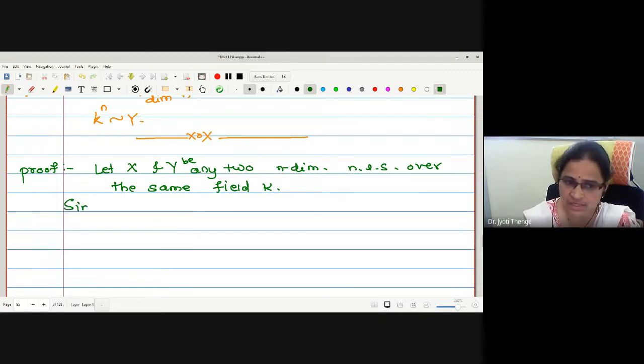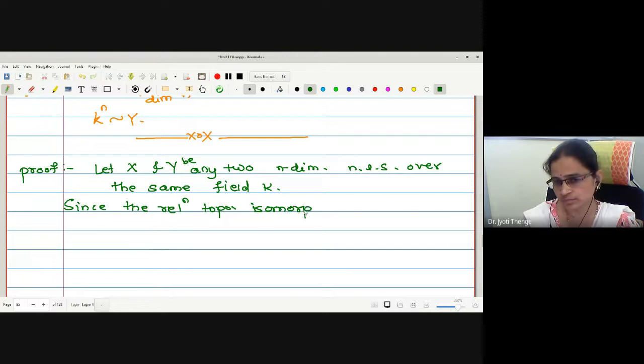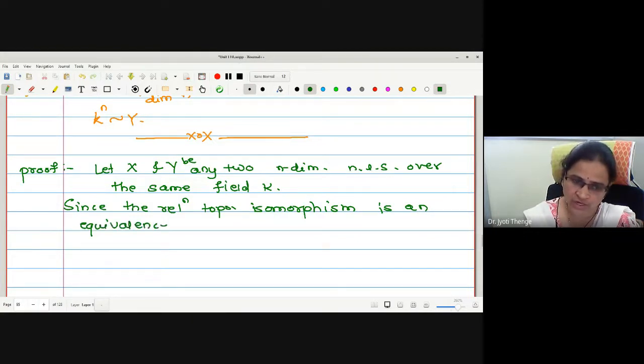Now I will write, since the relation topological isomorphism is an equivalence relation. No need to prove it is an equivalence relation, okay? We were writing directly, it is an equivalence relation. It will be sufficient to prove.